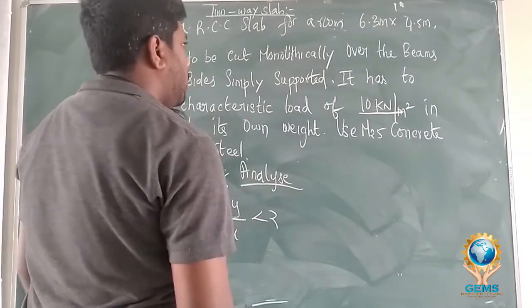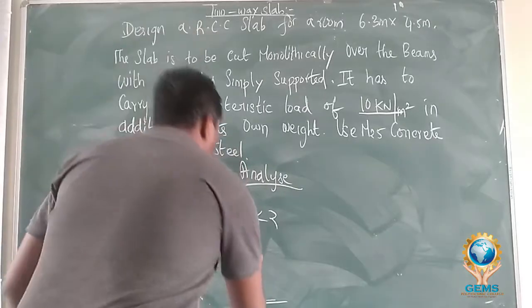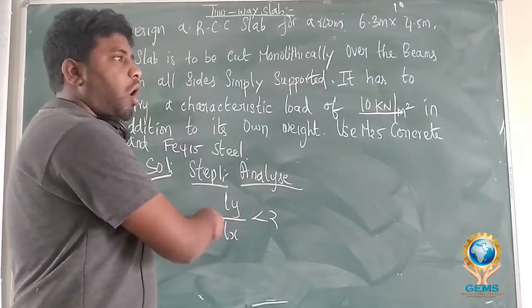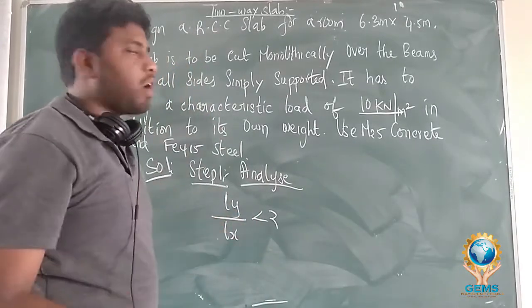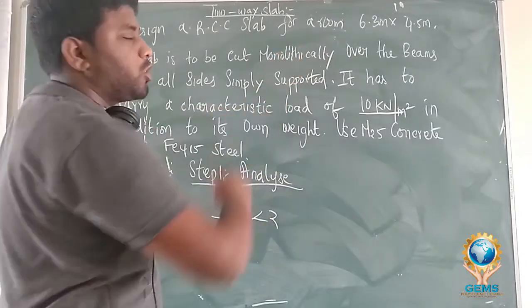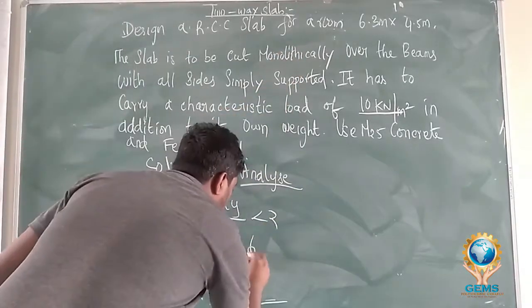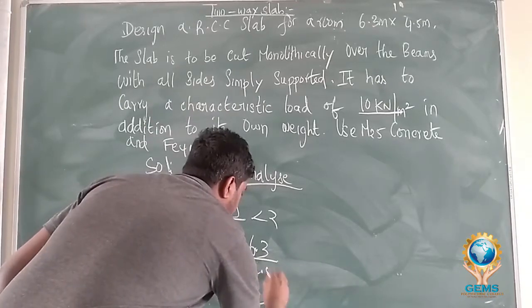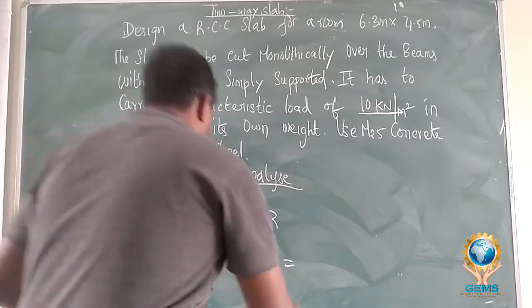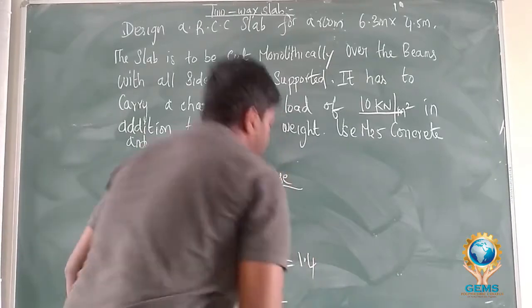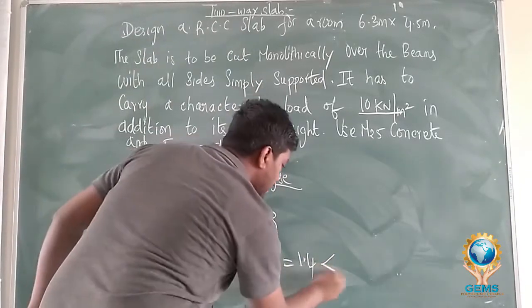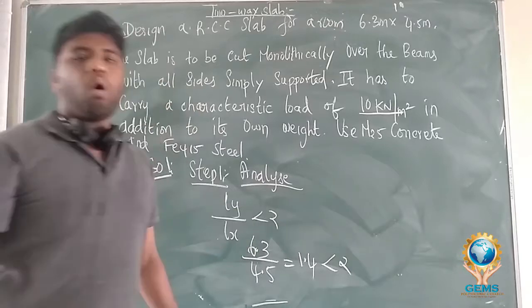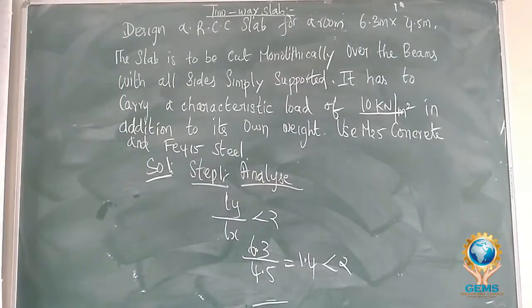Ly is the longest span, Lx is the shortest span. The longest span is 6.3 meter, so 6.3 divided by 4.5 is 1.4. So 1.4 is less than 2, so your given slab is a two-way slab.